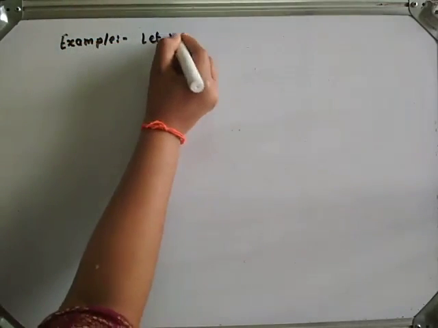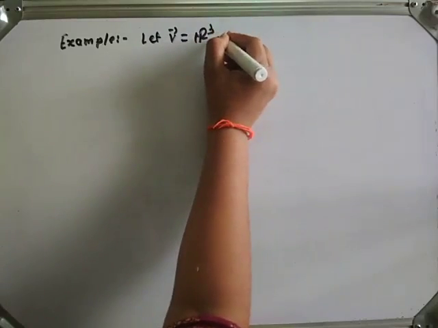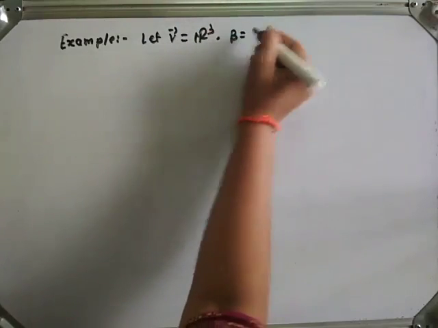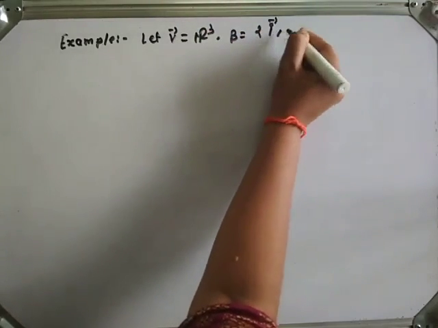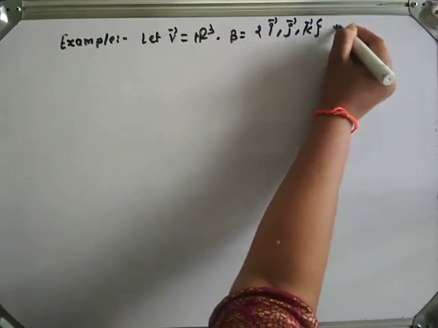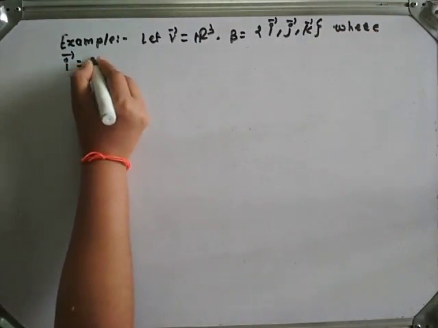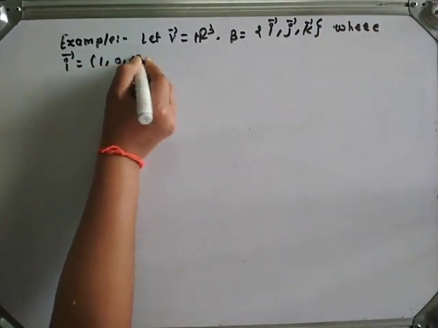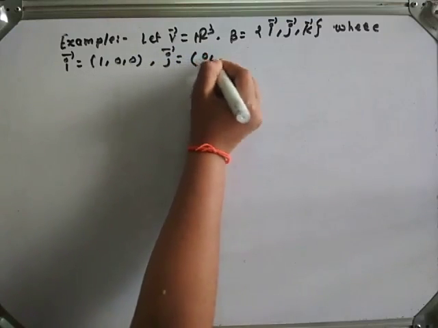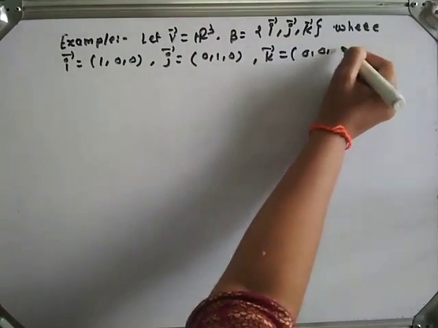Let the vector space V be equal to R3. B is equal to I bar, J bar, K bar, where I bar is nothing but vector (1, 0, 0), J bar is nothing but vector (0, 1, 0) and K bar is (0, 0, 1).